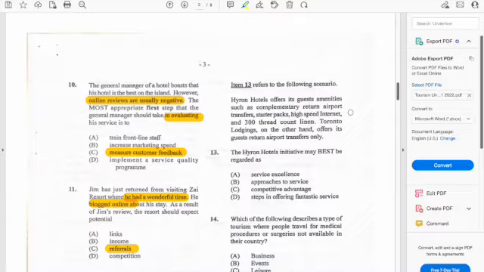Toronto Lodgings, on the other hand, offers its guests return airport transfers only. The High Run Hotel initiative may be best regarded as service excellence. Now, I know a lot of you would think the answer is competitive advantage.